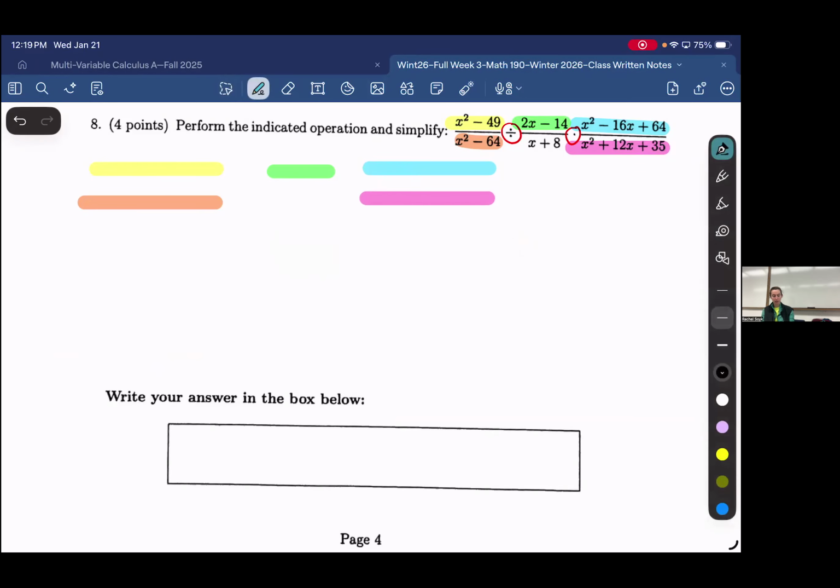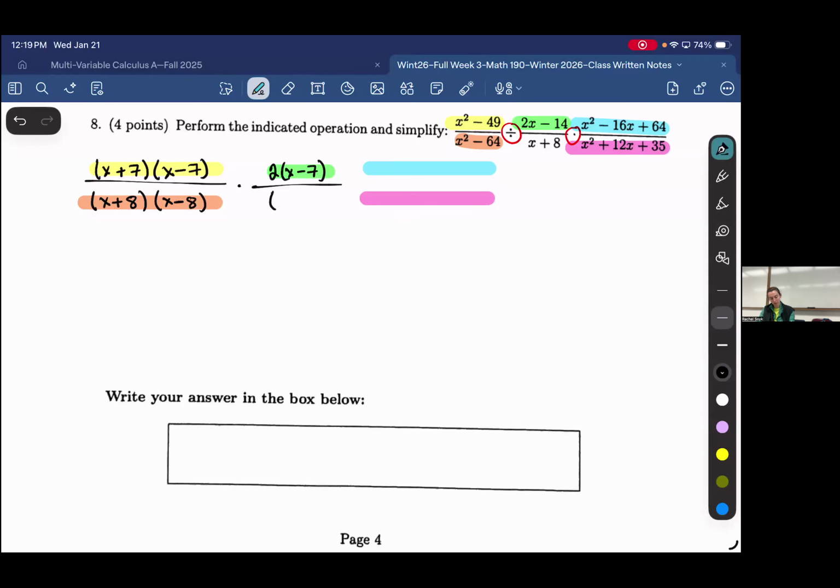Right, so let's do it. The yellow can be broken up into x was the square root of 49. Yeah, x plus 7, x minus 7. What about the orange? X plus, yep, x minus 8. What's the GCF we can pull out for our green? Yeah, and when we do, what are we left with?